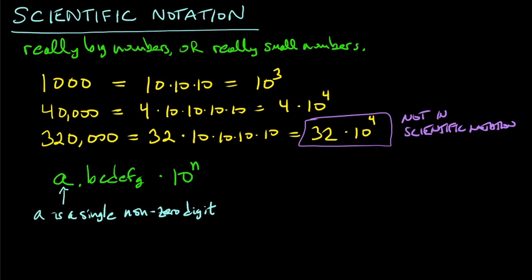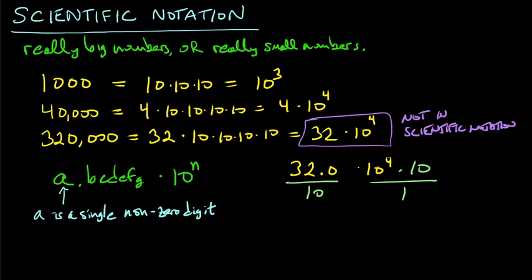So the problem with this 32 times 10 to the 4, and then you can have as many zeros here as you want, is that this has 2 non-zero digits in front of the decimal. So you're only allowed 1 digit. So what we can do is just divide this number by 10, as long as we also multiply by 10, so you could cancel the 10s, and then you're back to square 1.